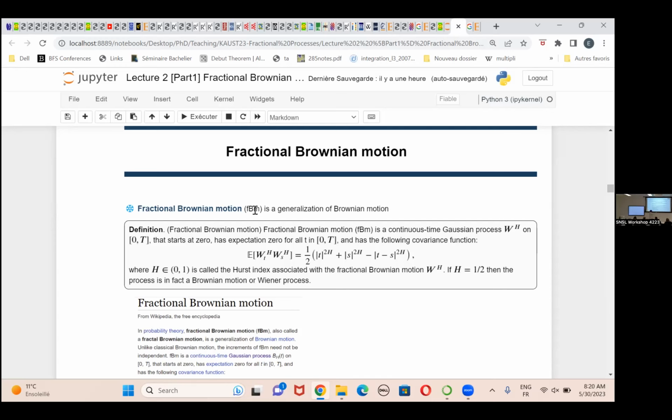You can check that if H is equal to 1/2, you recover the covariance function of the Brownian motion, the minimum of s and t. So for H equals 1/2, you recover the standard Brownian motion.